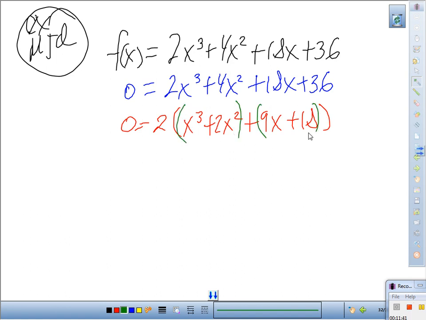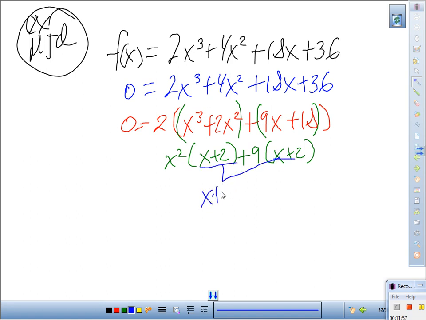Group. GCF here is x squared. We're left with x plus 2, plus GCF there is 9, x plus 2. Do we have two identicals? Yes, it did work. Thank you, Perla. X plus 2. And then what's left over? The x squared and the plus 9. So we have x squared plus 9.